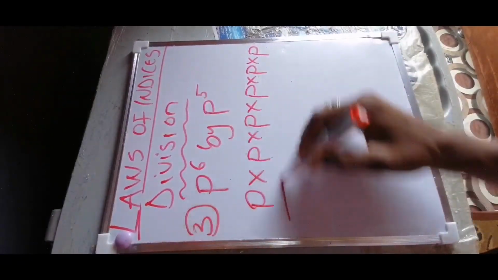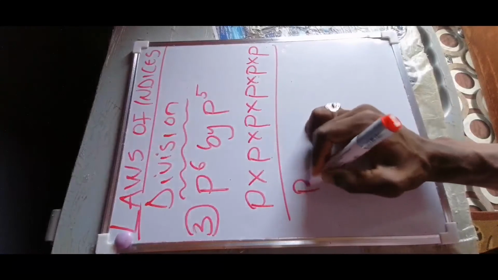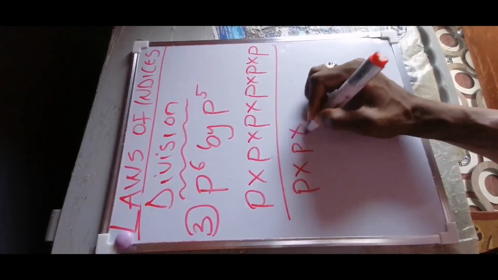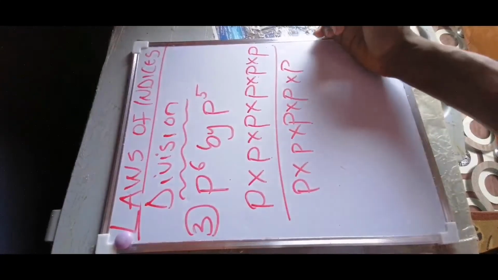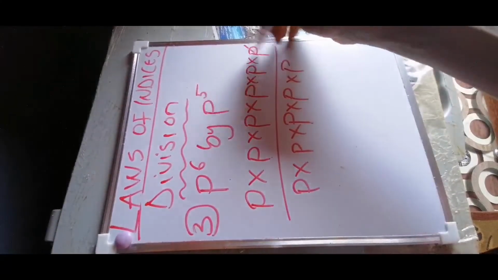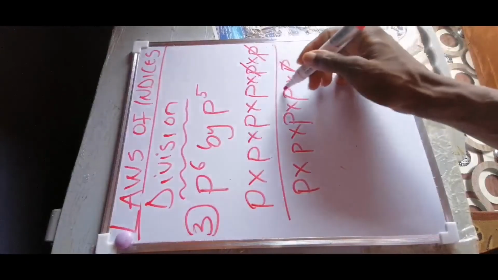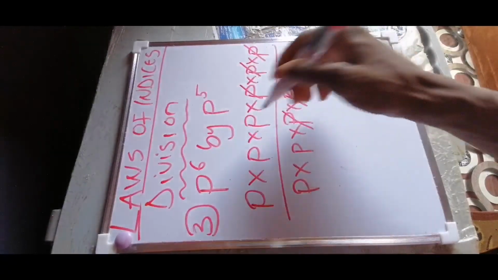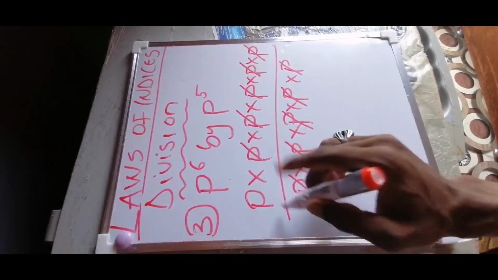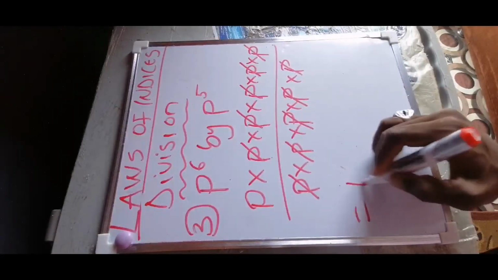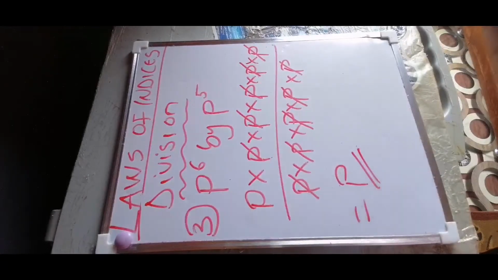We have 6 p's divided by 5 p's: p times p times p times p times p. So we are going to set our cancellation. This goes with this, this goes with this, this cancels this, this cancels this, this cancels this. So we are having only 1 p. So our answer equals p. That's all.